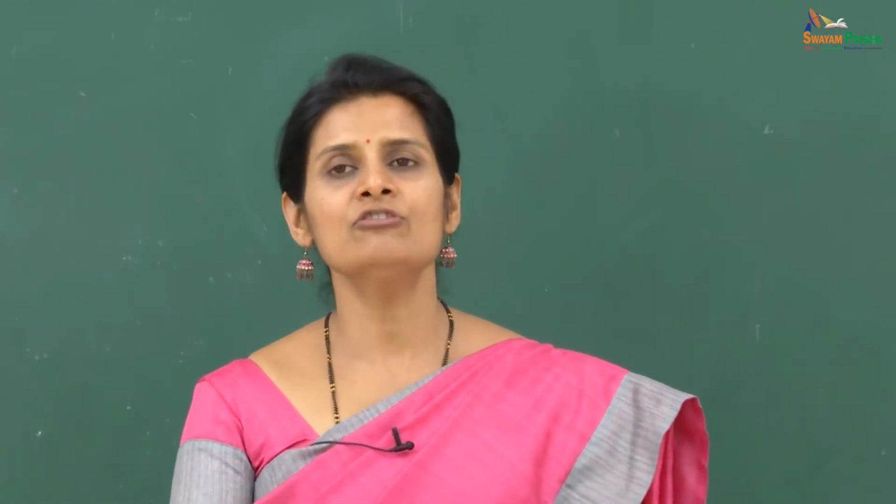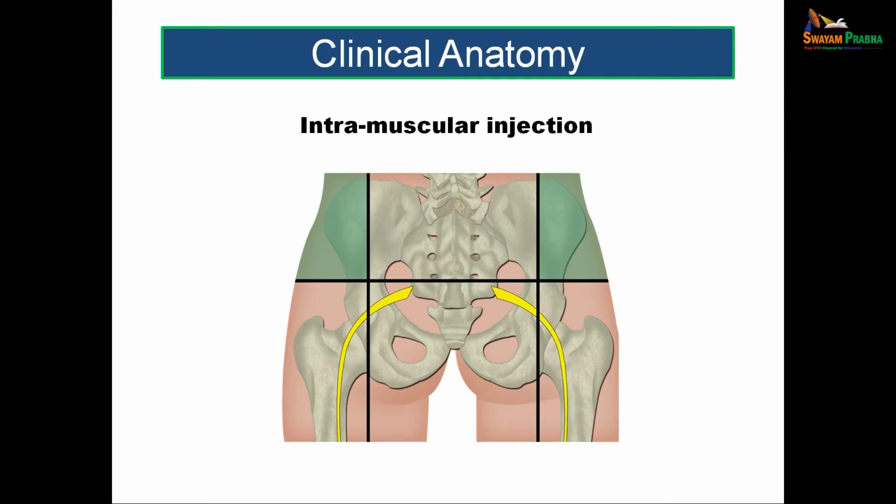When giving intramuscular injections in the gluteal region, the most important thing is to safeguard the sciatic nerve. The safest area where an injection can be given intramuscularly in the gluteal region is this green colored area, the upper lateral quadrant of the gluteal region. The muscle which will be used here is gluteus medius.